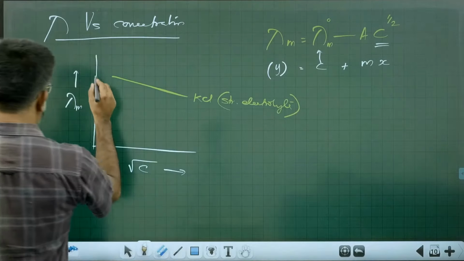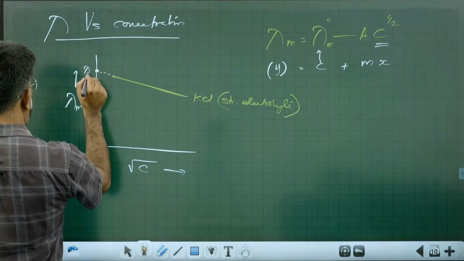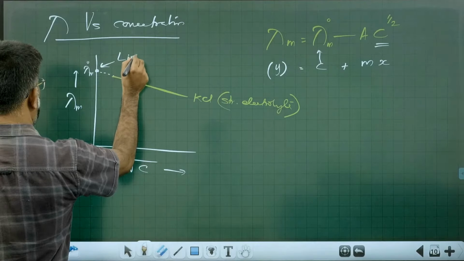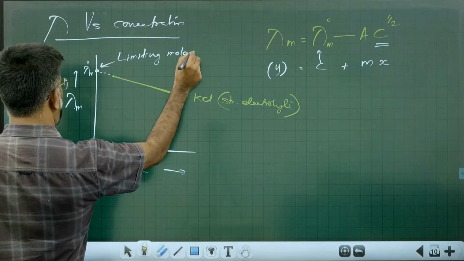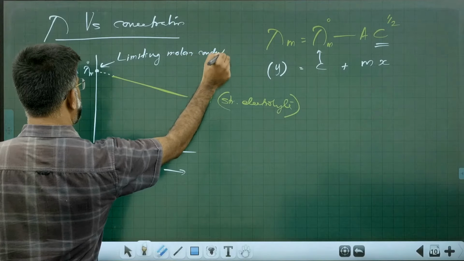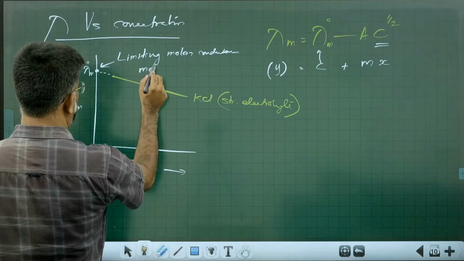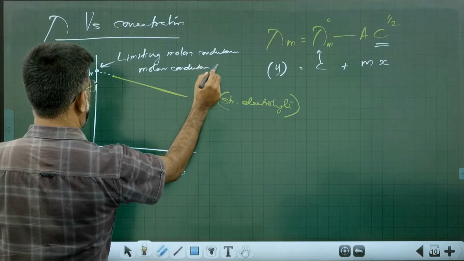When you extrapolate the graph, you meet at this point, lambda m0, called limiting molar conductance, or molar conductance at infinite dilution.